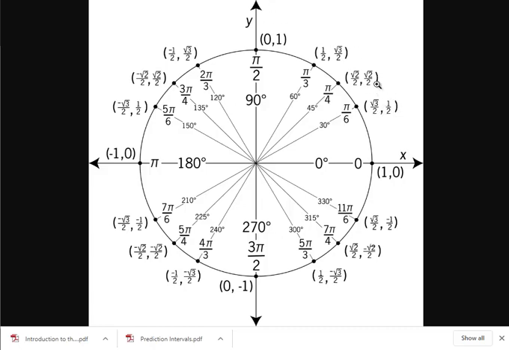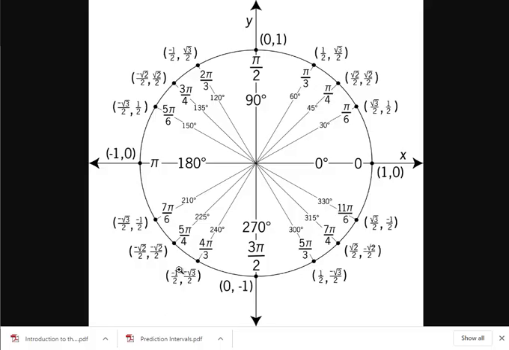These points form either the sine or cosine associated with each of these angles. We learned last time that the x values as you go around the unit circle represent the cosine of each of the angles, and the y values represent the sine of each of the angles listed. So going back to our problem, we have cosine 225. We first need to find that angle.